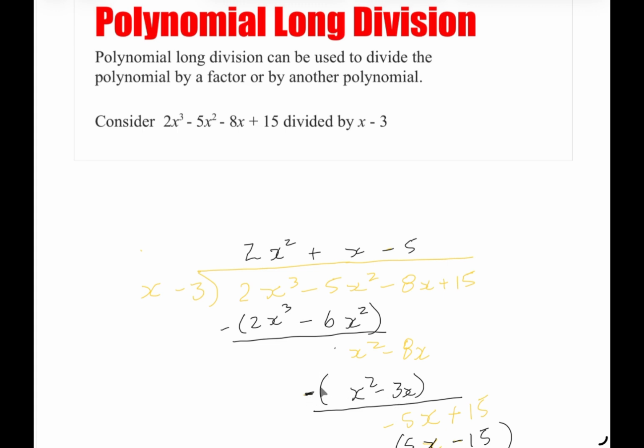Then we're going to subtract this expression from the x squared minus 8x. So that gives you negative 5x, because negative 8 minus negative 3 gives you negative 5. The x squared terms undo each other, so that will be 0. Then we're going to bring down the 15.